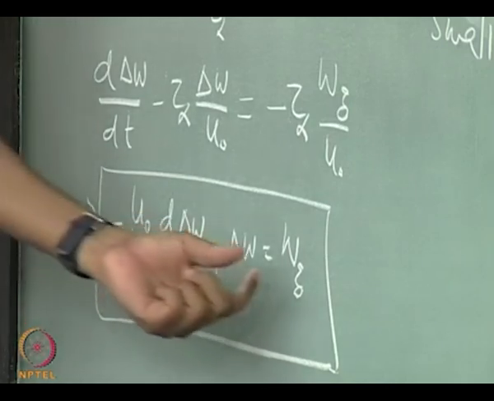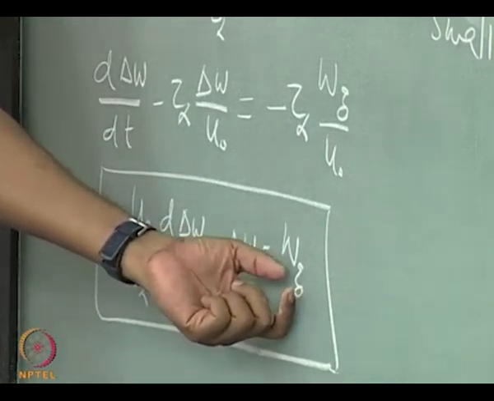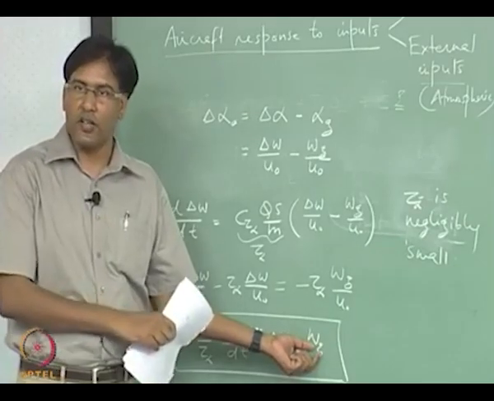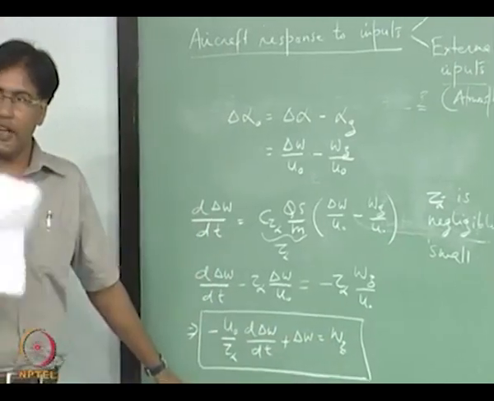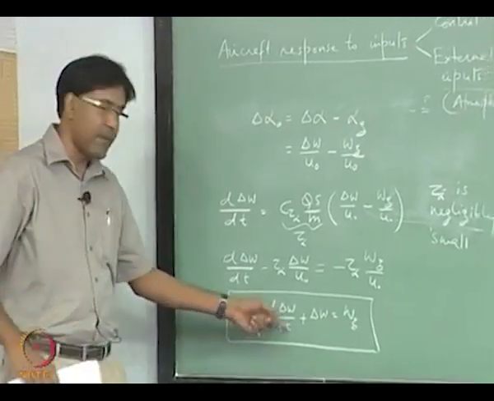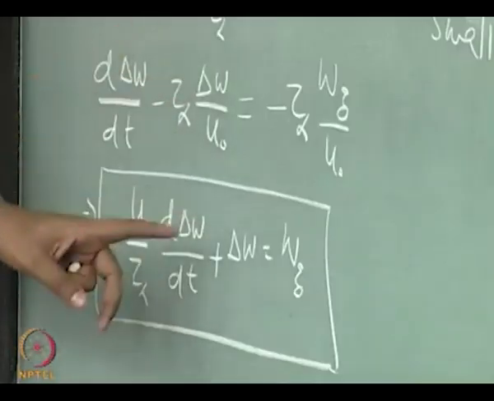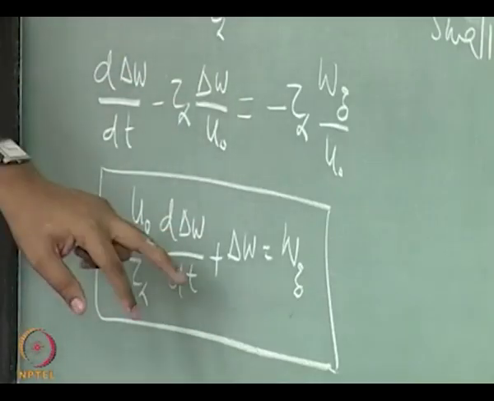So clearly this term is appearing as an input term which is not under your control, right. You can only define some particular variation and look at the dynamics of aircraft in the vertical direction, in the plunging motion, right.